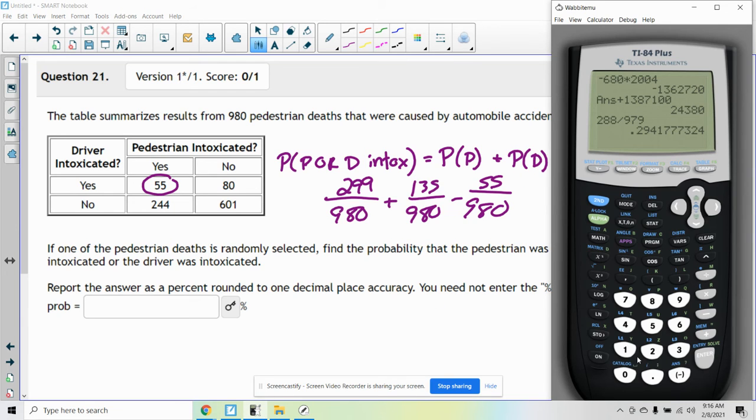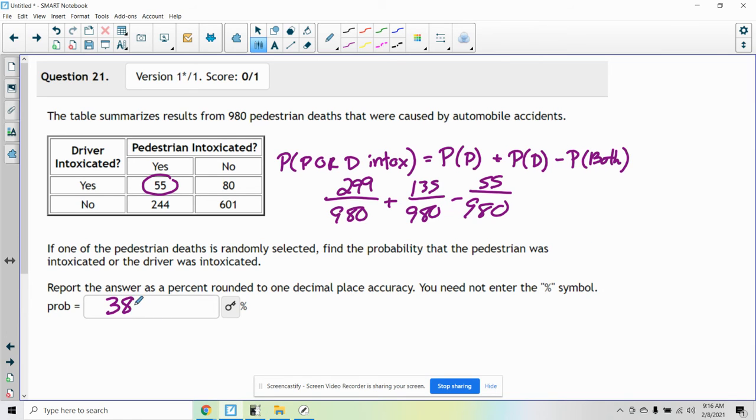So we'll just do that in a calculator. We'll do 299 divided by 980 plus 135 divided by 980 minus 55 divided by 980. We get 38.67 or 38.7%.